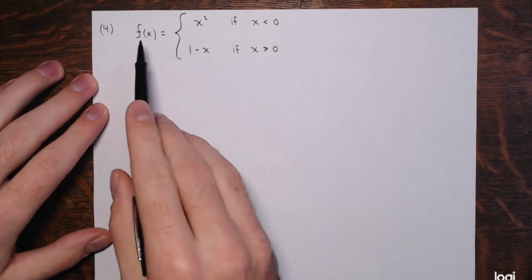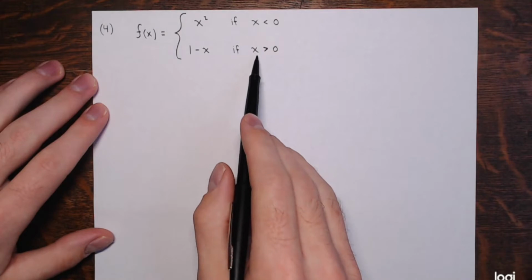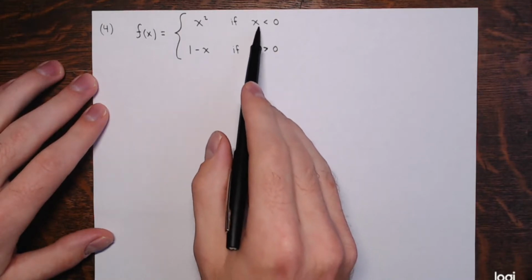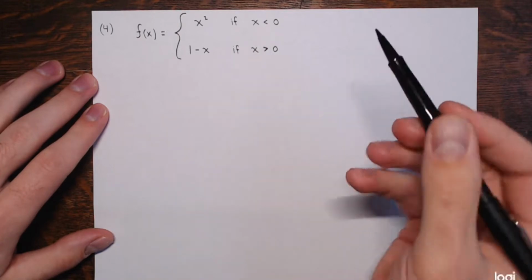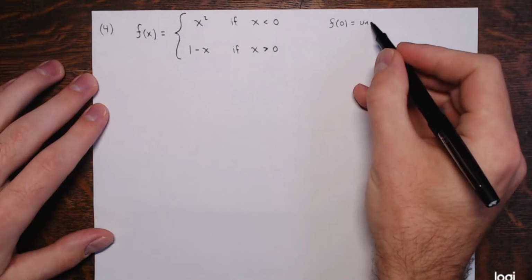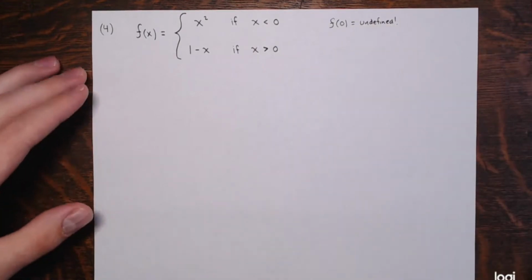And f of x equals 1 minus x, a linear function, part of a line, but only the part where x coordinates are greater than 0. So notice once again, x is less than 0, x is greater than 0. There is no x equals 0. So f of 0 is once again undefined here. There is no point with an x coordinate of 0.